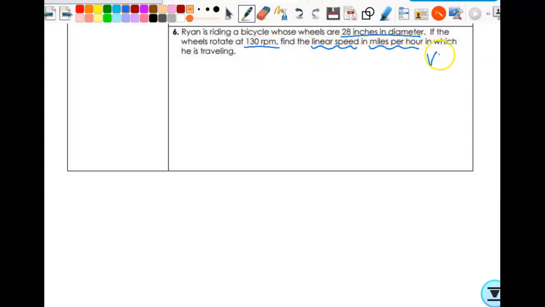So we're going to use velocity equals r times omega. Okay, so we're going to find omega first. Omega is equal to theta over time. All right, so we know that theta is the number of revolutions, 130, times 2 pi over time, and this is RPM, so it's for every 1 minute.